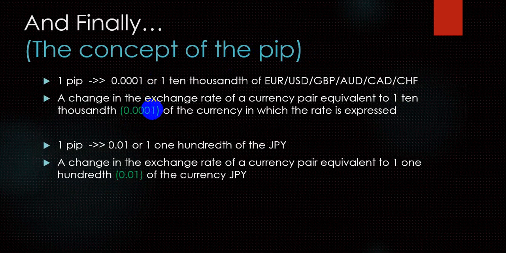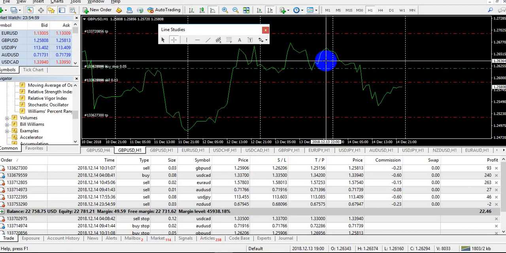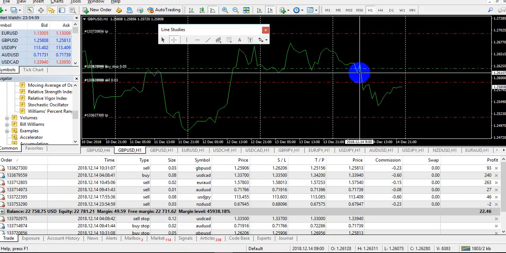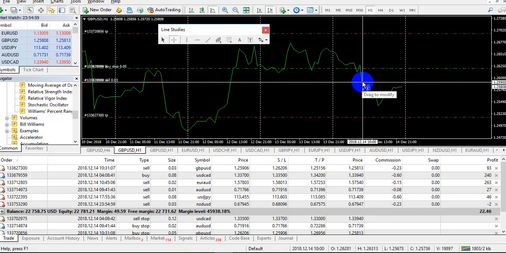So price can move 2 pips, 3 pips, 10 pips, 20 pips, as you can imagine. So right here we saw that price was at 1.2656, but somewhere around 10 a.m. price was at 1.2590.